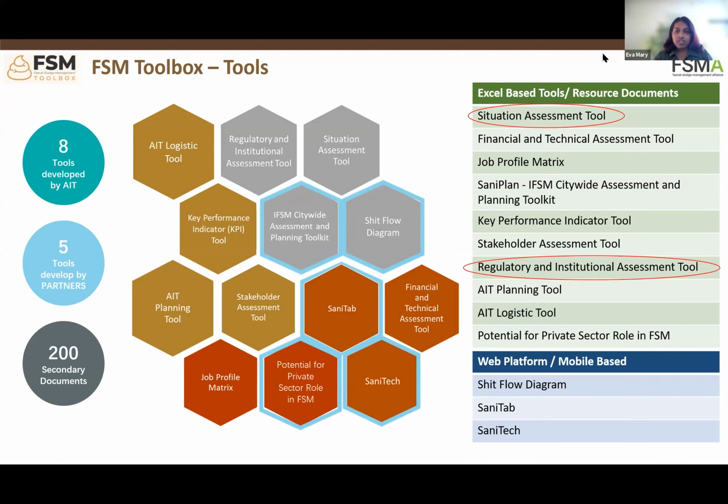As I mentioned earlier, there are two main group types of tool. One is the assessment and the other one is planning. The assessment tool took its initial iteration from AIT's situation assessment tool and the regulatory and institutional assessment tool.